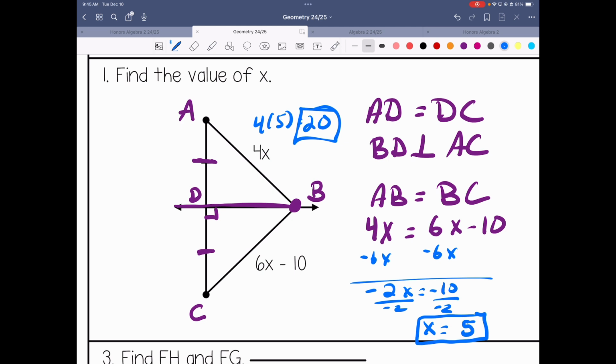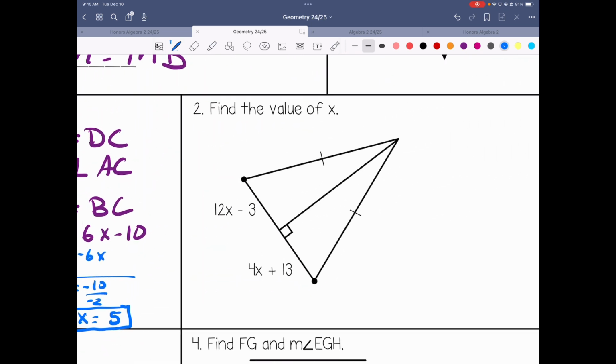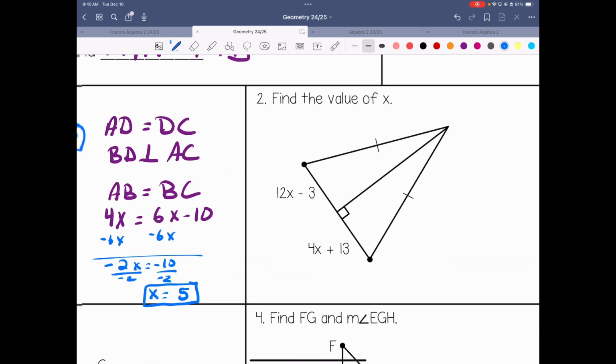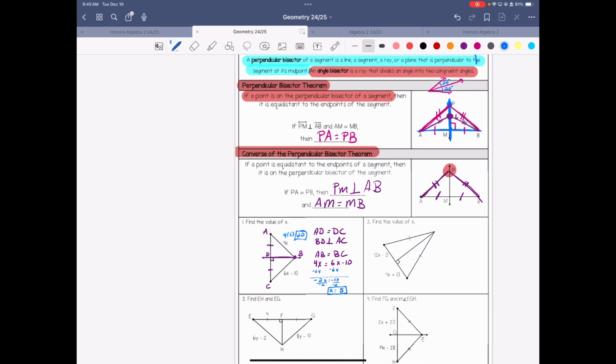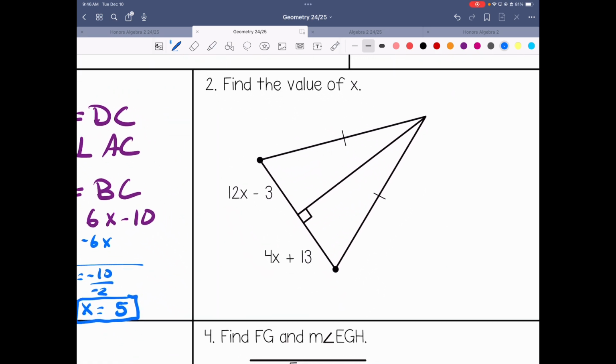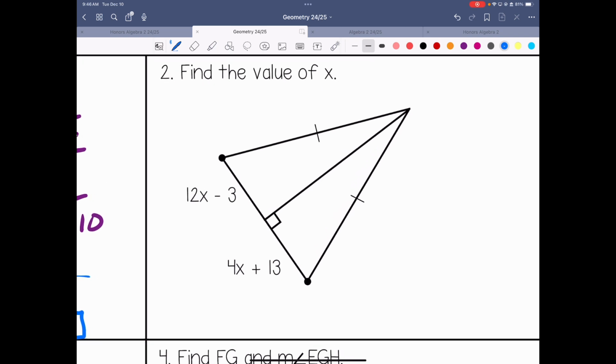Okay. So we got a second example, which we can't do yet. Oh, here we go. Okay. Example number 2.